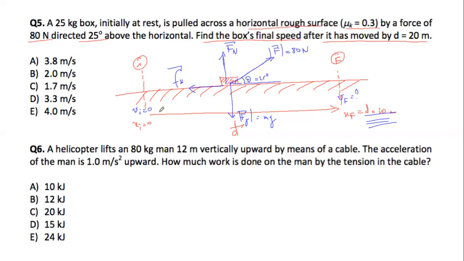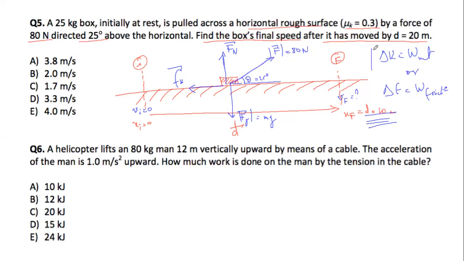I can use different tools, but here let me choose either the work kinetic energy theorem, delta K is equal to net work, or, if I want, the change in mechanical energy is equal to the work of the friction. You can also use constant acceleration if you want, but these two are best.